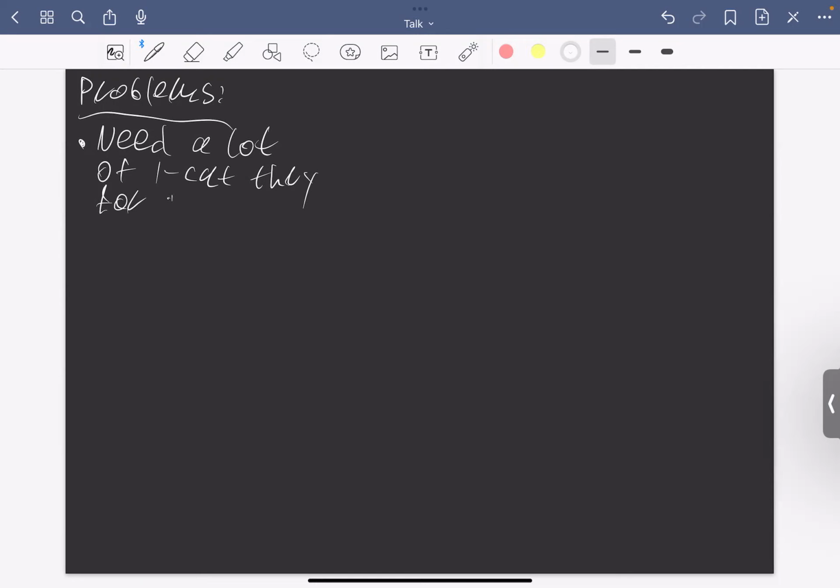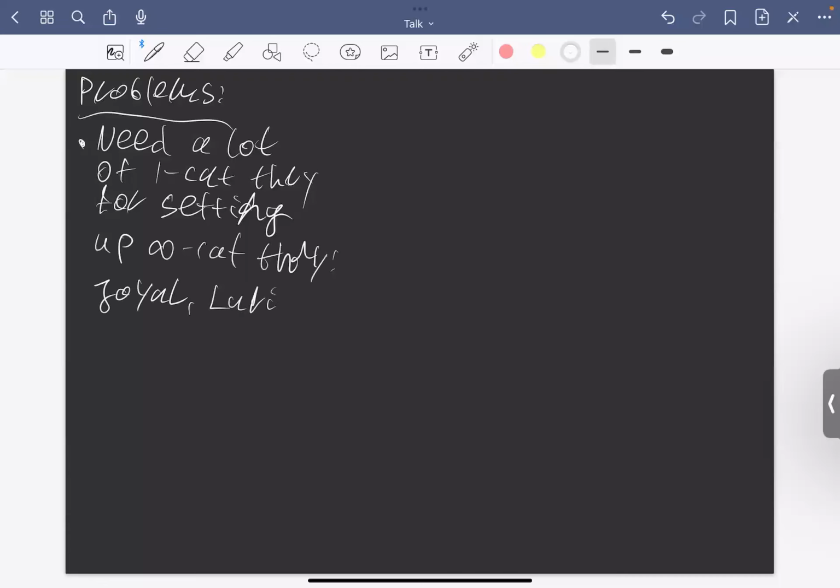I mean, just for setting up the definitions to begin with. And this has been done by people such as Joyal, Lurie, and many more.